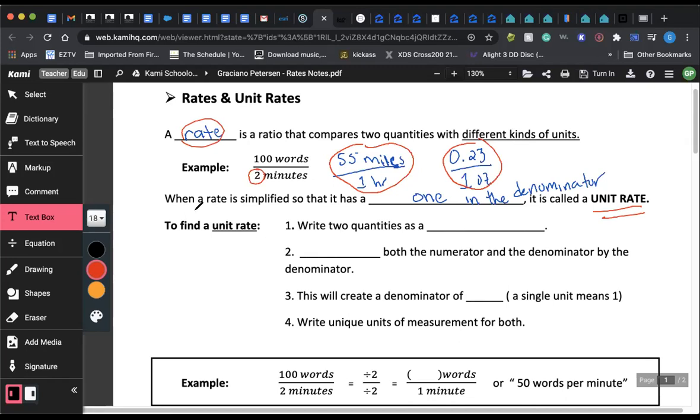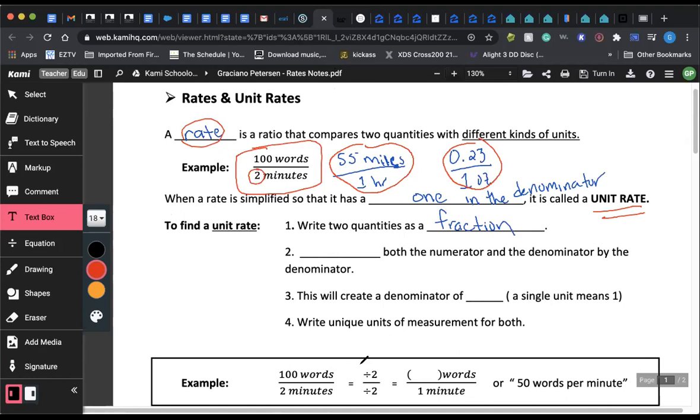Right? So how do you find a unit rate? We're going to use this example here to show us how we find a unit rate, because that's coming across here at the bottom in this example. All right. So when we find a unit rate, what we're going to do is we're going to write the two quantities as a fraction, right? Write them as a fraction. That's that first step.